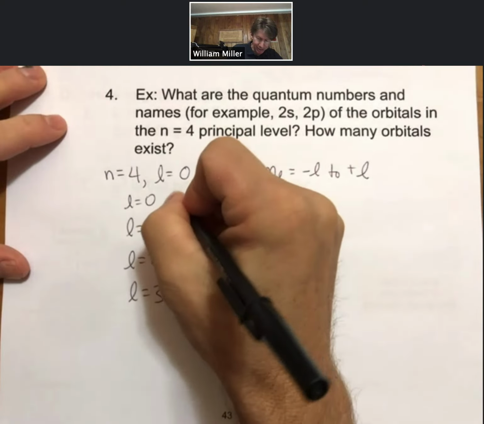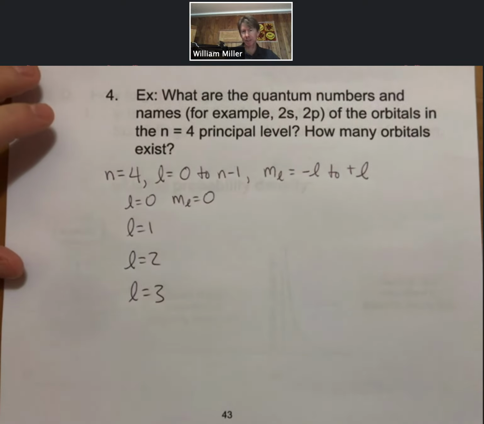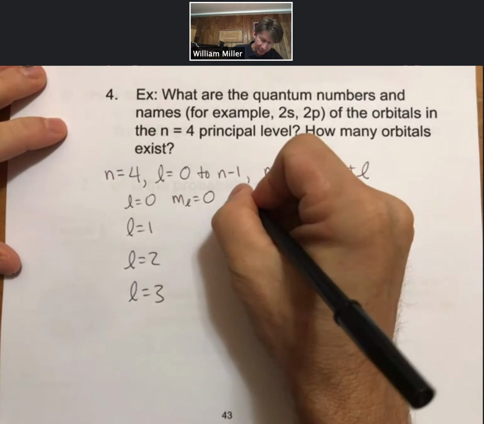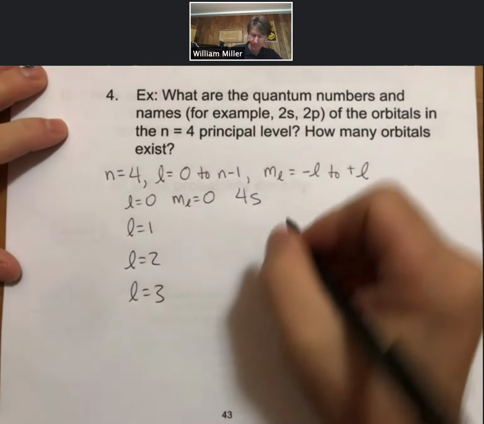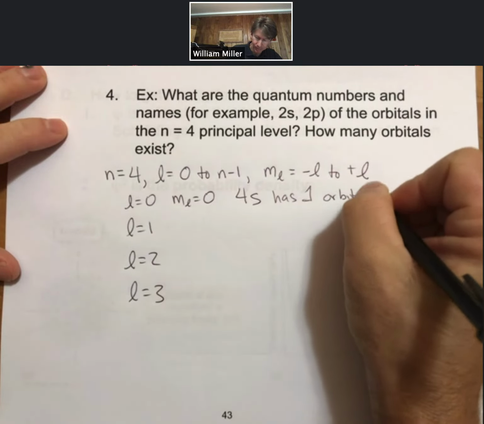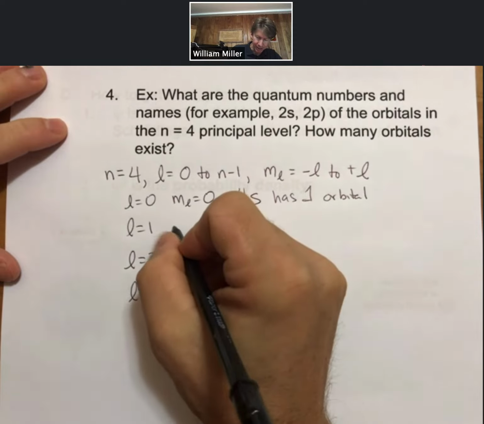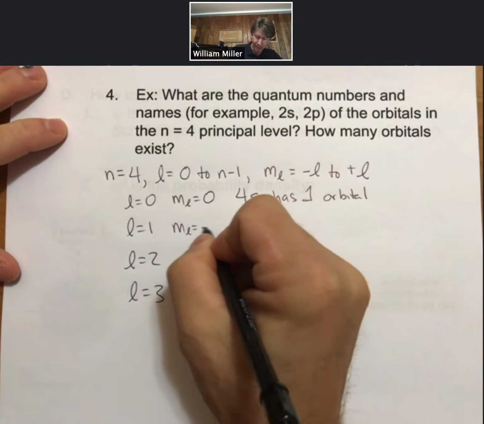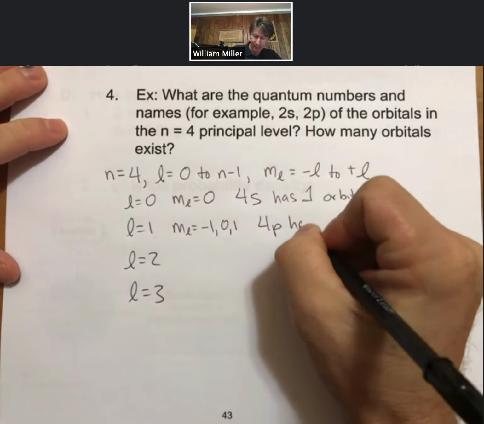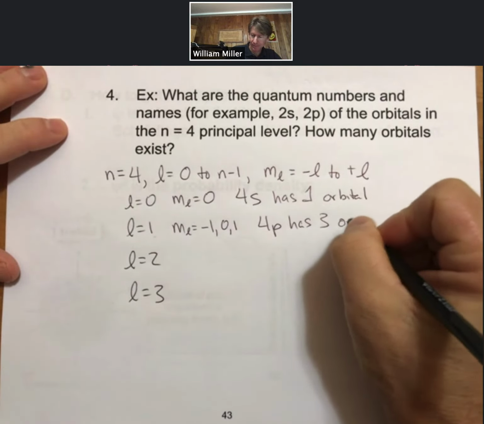So that's just going to be 0, one number, and we'll say 4s has 1 orbital. For l equals 1, m sub l equals minus 1, 0, and 1, so 4p has 3 orbitals.